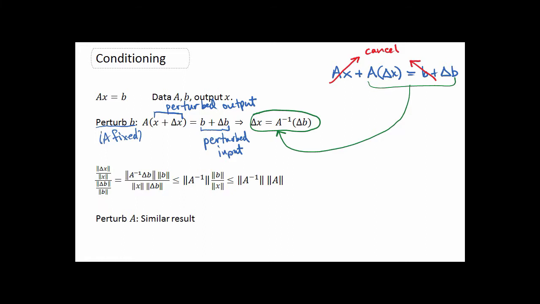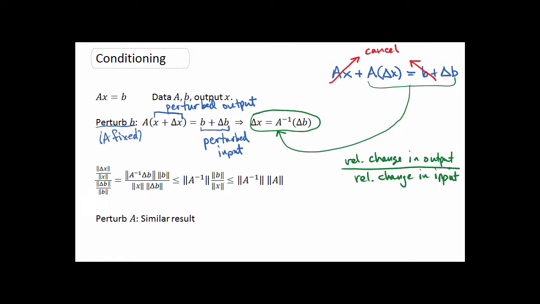So if we want to look at the relative conditioning of this problem, we look at the relative change in output over the relative change in the input. This is the first time we've had to deal with a problem that doesn't have scalar input data and output data, so you have to be a little bit more careful about what we mean.